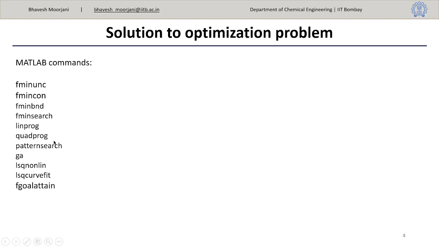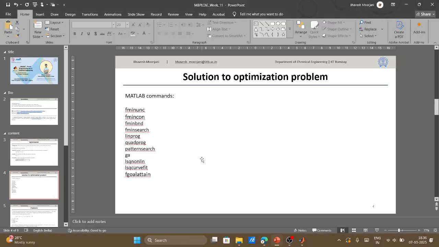We will go into the description of each of these commands. Then you have fminsearch, linear programming, quadratic programming, pattern search, the ga method, least squares non-linear equation, and least squares curve fitting.